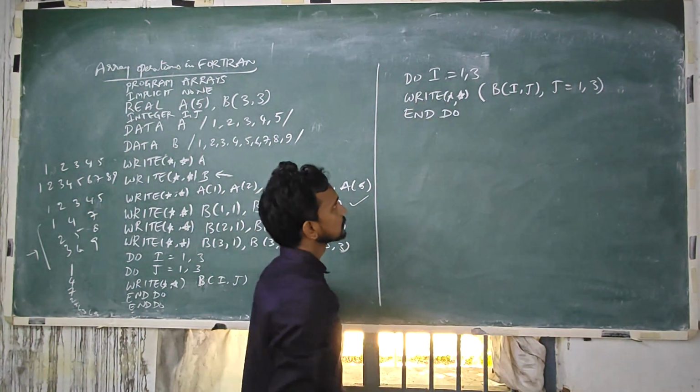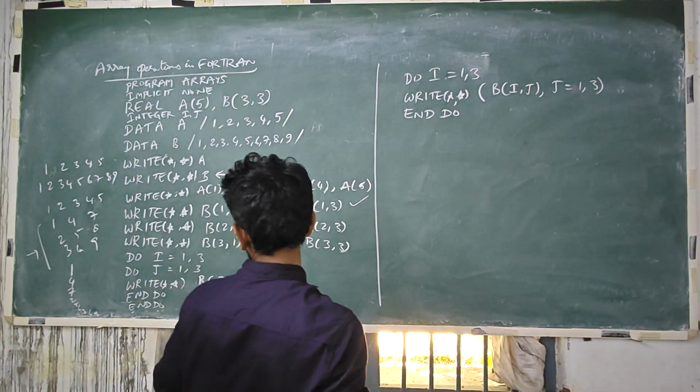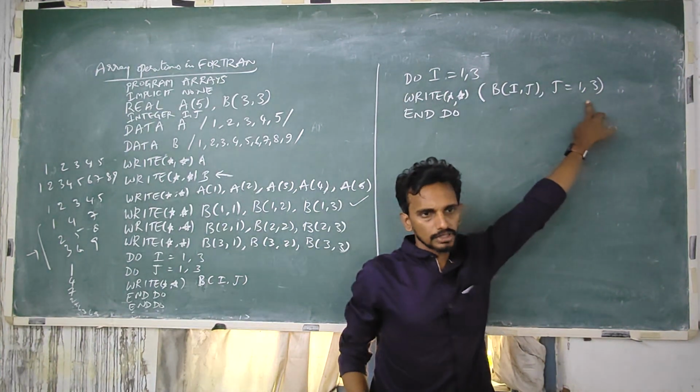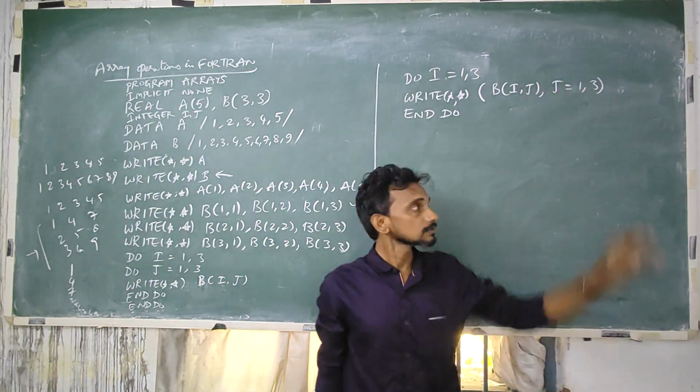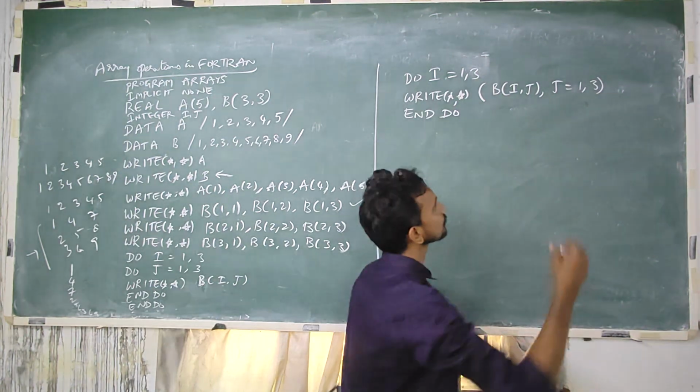End do. So the 3-line code, do j 1, 2, 3, write Bij and end do, is now incorporated into this statement. So this type of presentation is called an implied do loop.